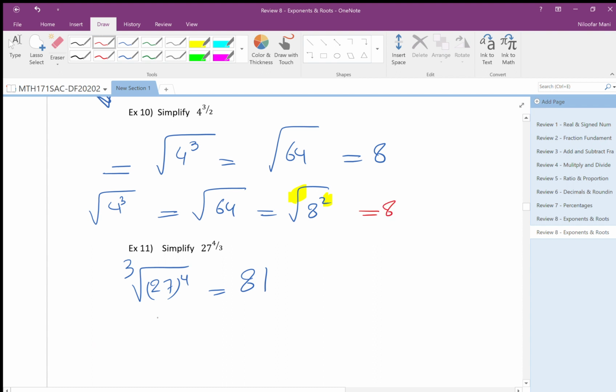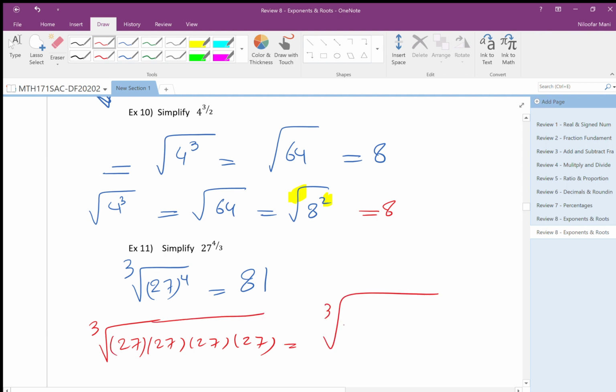How about here? This is cube root of 27, which is cube root of 3 cubed. Because I have cube root, I have to try to change my number to power 3.